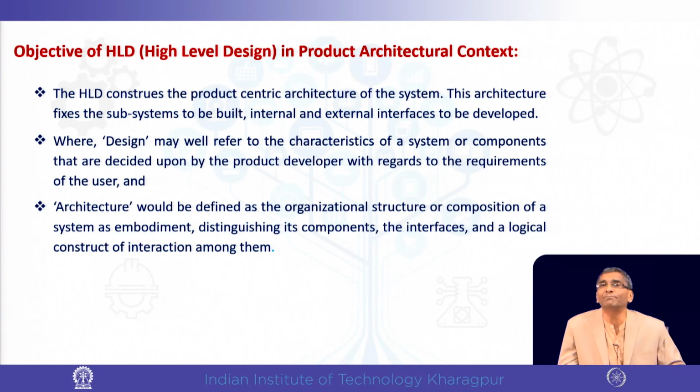If we choose to develop a conventional car with IC engine, the components will be petrol or diesel engine. If we choose to do an electric vehicle, then it would be an electric powertrain with battery. If we choose to do a hybrid electric vehicle, then it will be a combination of IC engine with the motor and battery and the controllers, etc.